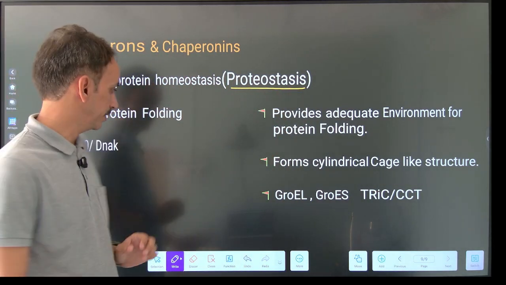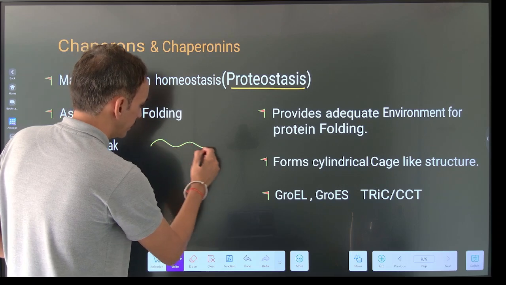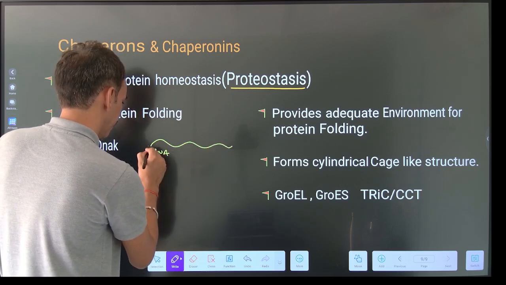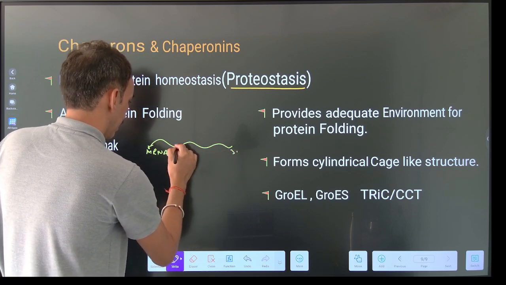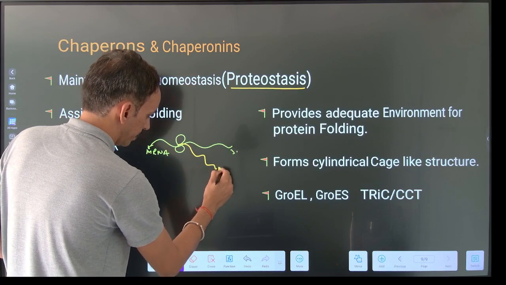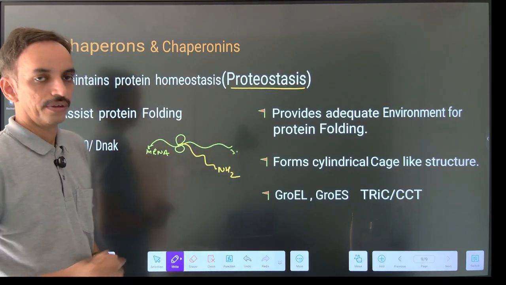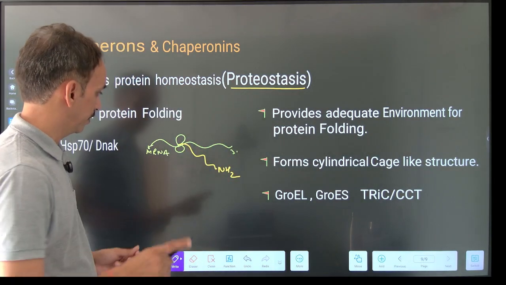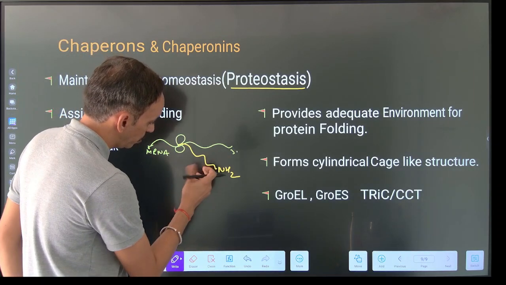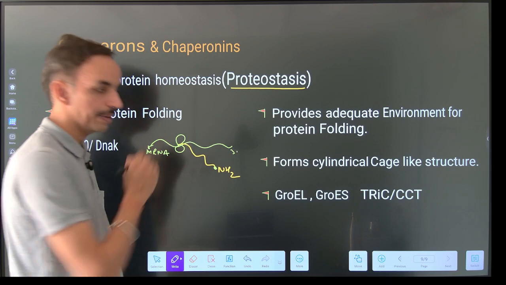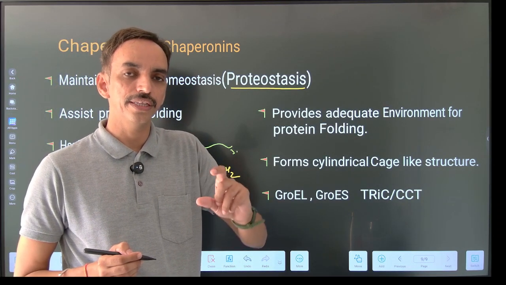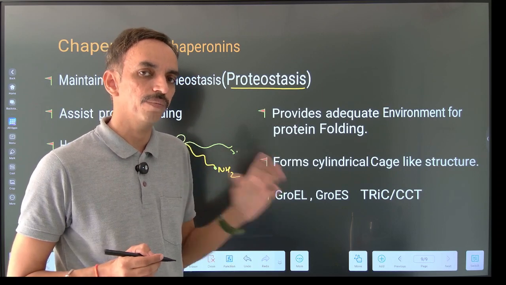These chaperones generally bind to the newly synthesized polypeptide, suppose there is an mRNA with a ribosome synthesizing a polypeptide, and do not allow the folding of the protein until the complete synthesis of the polypeptide.